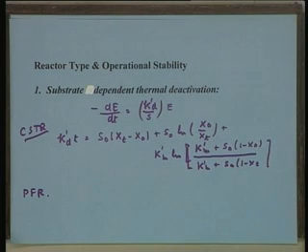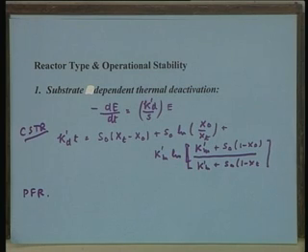but in general you will notice that in the case of substrate dependent thermal deactivation, the performance of PFR will be superior compared to a CSTR, and the PFR is a desirable type of reactor, where the effect of drop in the reactor performance as a result of enzyme deactivation will be much slower.